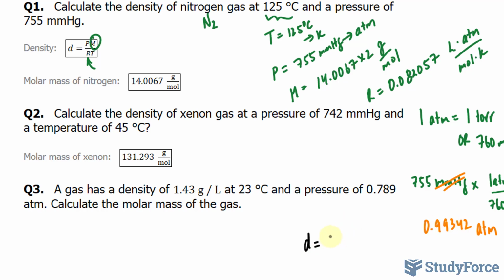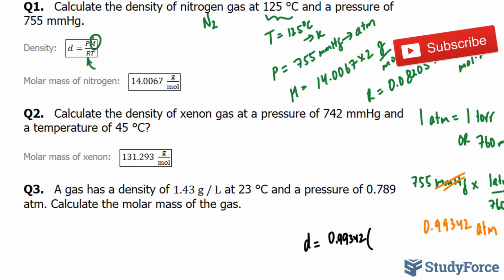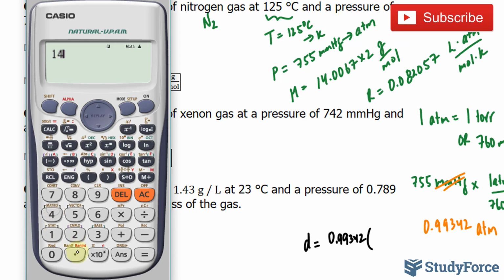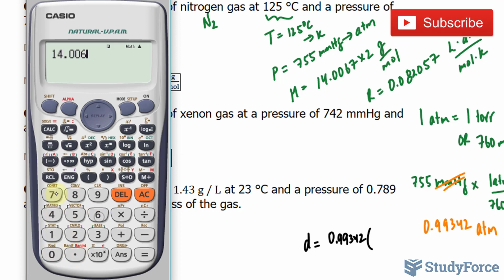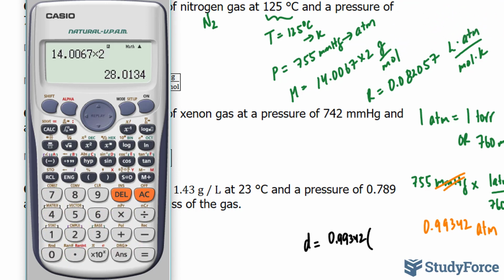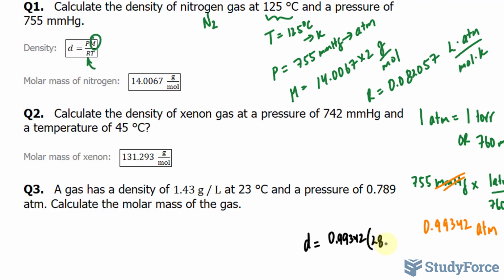Now we can finally input all of this information into the formula, where we have density is equal to the pressure that we just found, multiplied by the molar mass, which we also found to be 14.0067 times 2. Let's do that calculation. 14.0067 times 2 gives us approximately 28.013, all divided by our constant, which is written right here, times the temperature.